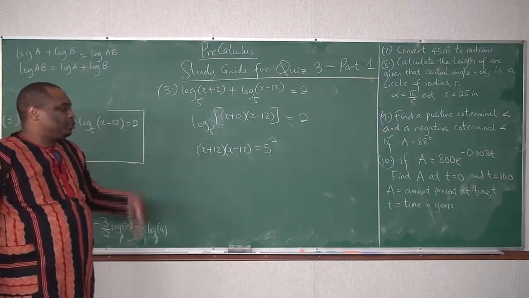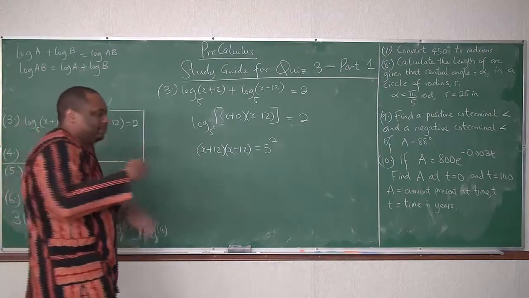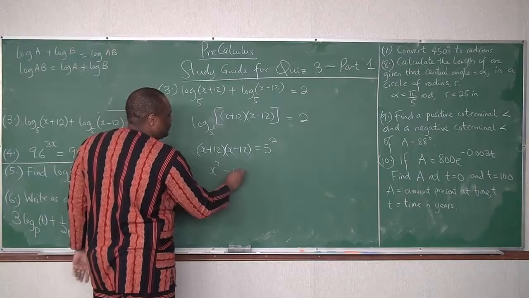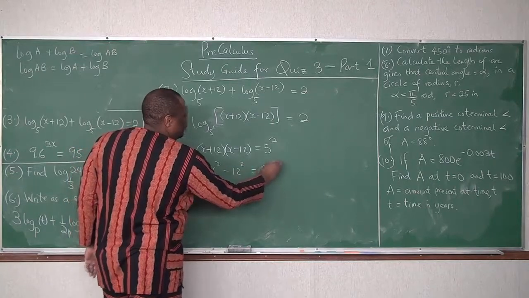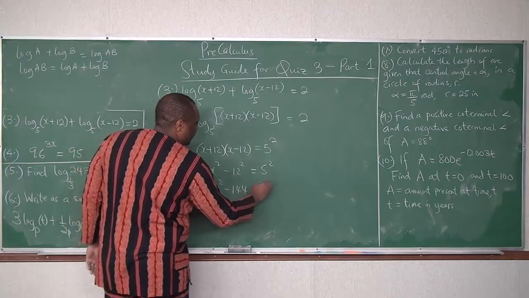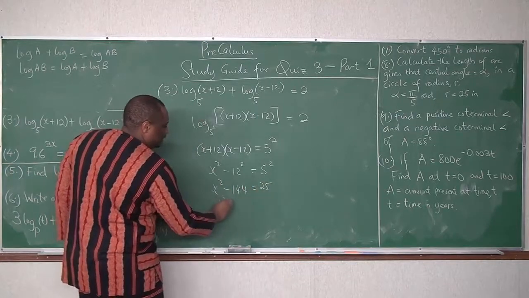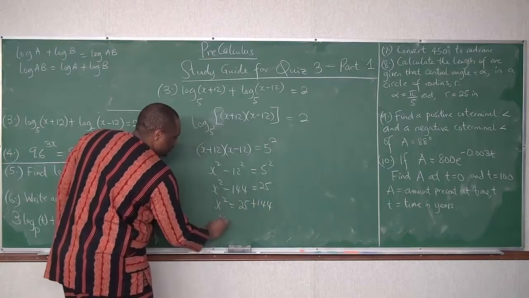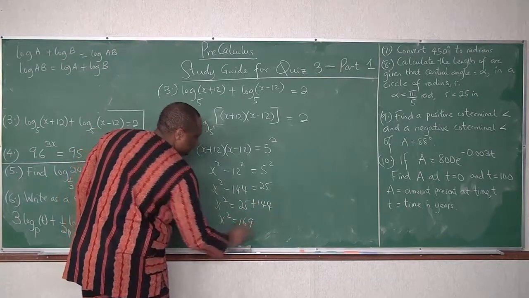This is a difference of two squares. If you want to expand it, that's fine, but I would prefer to write x squared minus 12 squared is 5 squared. So x squared minus 144 is 25. That means x squared is 25 plus 144, so x squared is 169.